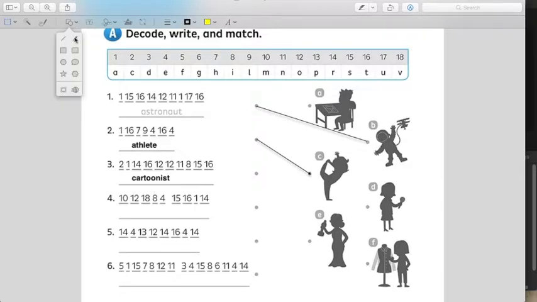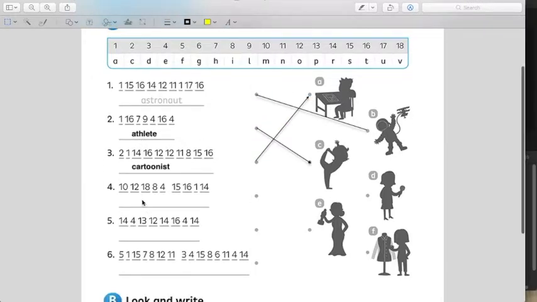Let's match cartoonist to the correct one, and cartoonist would be letter A.